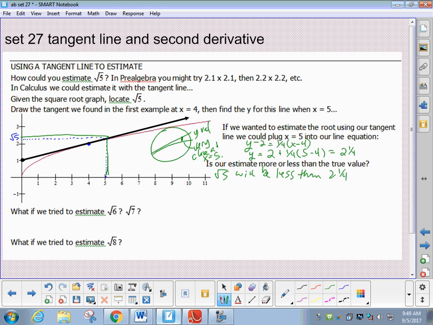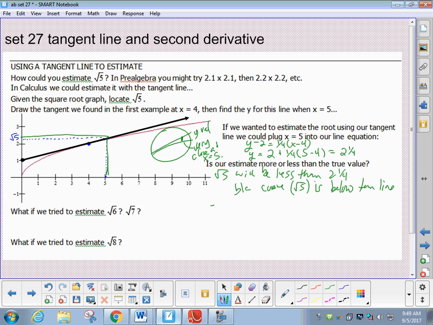Why? Graphically. Because the curve, which is the actual square root of 5, is below the tangent line. And so the y for the square root of 5 will be a little less than the tangent line's value at 5. So I would expect an overestimate.